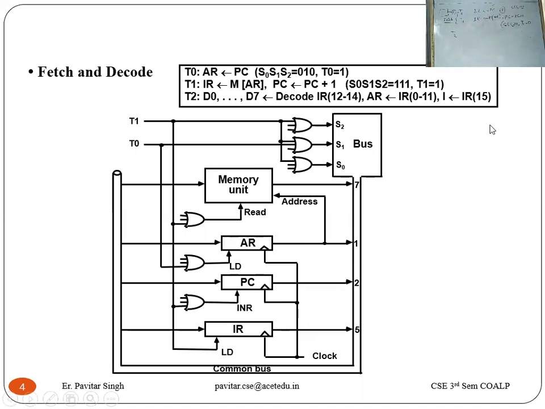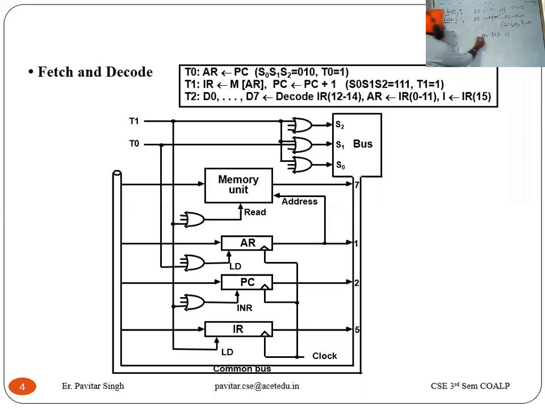Here you can see that IR bits 0 to 11 deal with the address, so they will be transferred to AR, the address register, right?